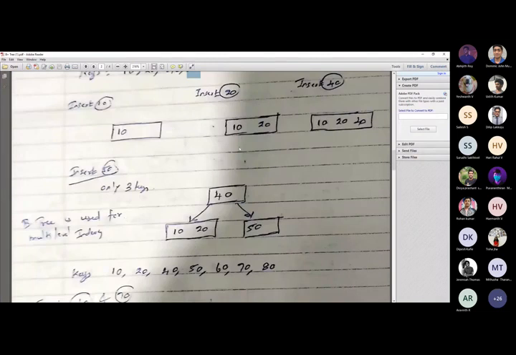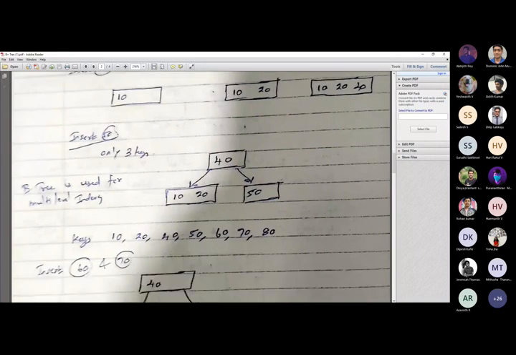Once 50 is inserted, we are going to break the keys, and one key has to go up. 40 represents the root node, and you have 10, 20 on the left hand side of the root node, and 50 as the right hand side of the root node.